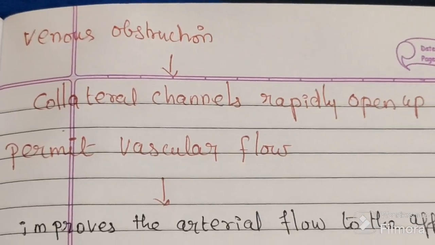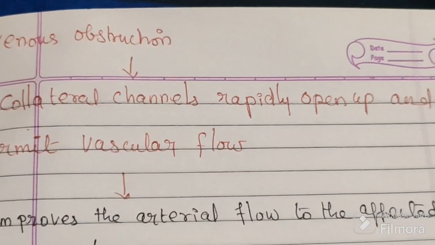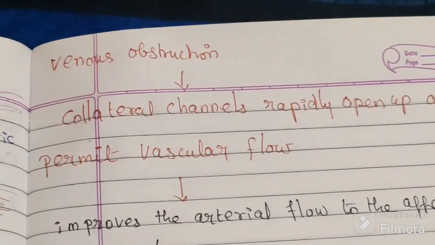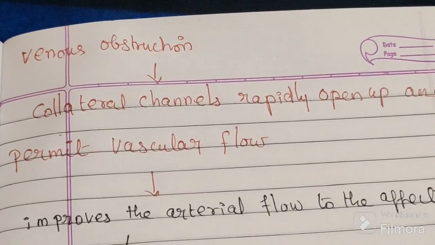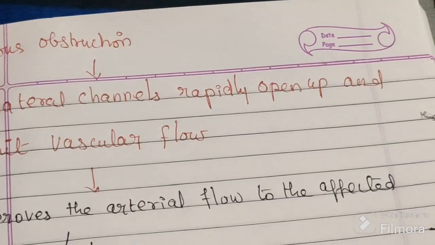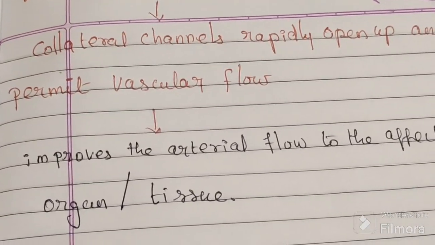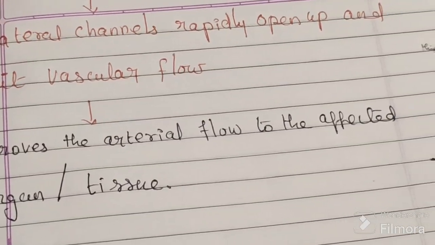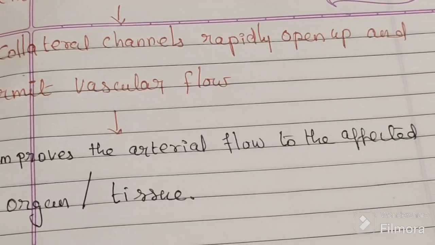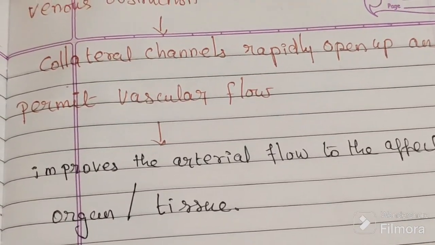Next, in venous obstruction, collateral channels rapidly open up and permit vascular flow. This improves the arterial flow to the affected organ or tissue.